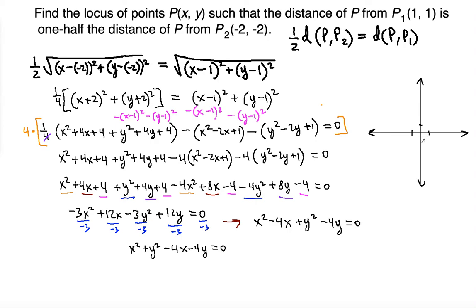We need negative 2, negative 2. Okay, so we were talking about these points. Negative 2 is here, and 1, 1 is here. Notice that this distance from here to here is exactly 1/2 the distance from this point to the origin.